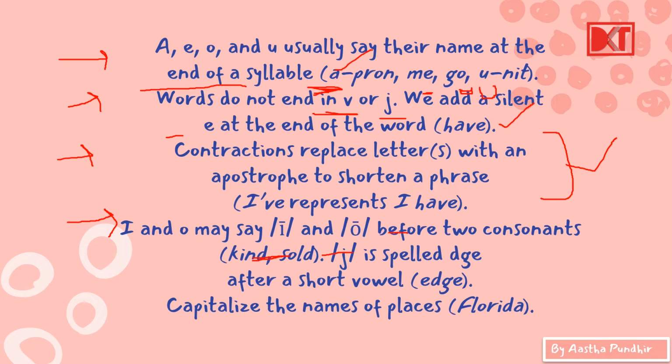Alright, then this J sound is spelled DGE after a short vowel. For example, edge. So that J sound, right? And we also capitalize the names of places because they are also proper nouns. All right, so I hope you have understood these rules. Now let's move on.